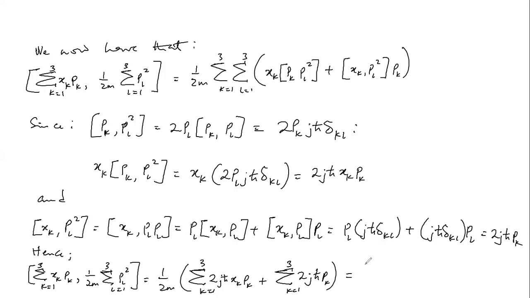and this will be the same as jħ over m. So this will truncate this. So we have jħ in common, divided by m.